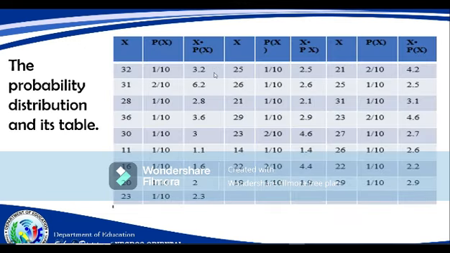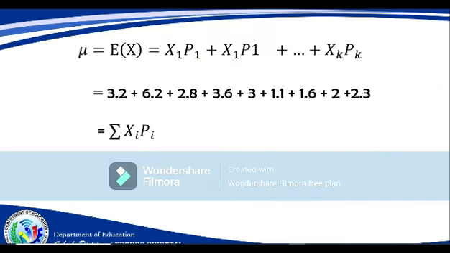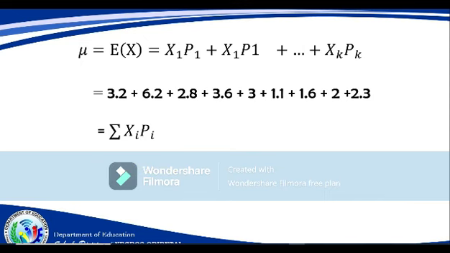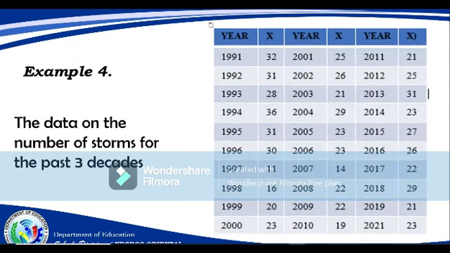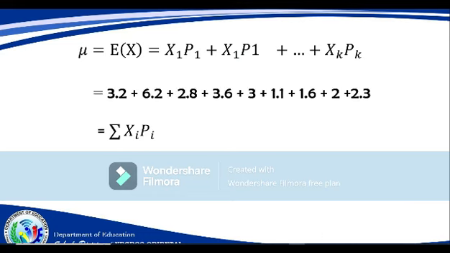Okay, this one, we add all this. So the answer is 25.8 or 26. So if ever we are asked, from the data and number, what would be the average number of storms in a year in the first decade from 1991 to 2000, the answer would be this one, 25.8 or 26.